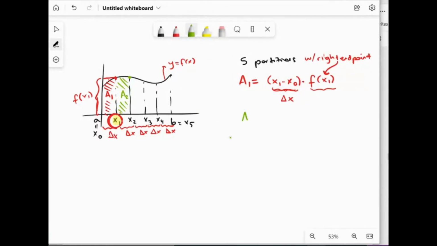Well, if you want to write this for the second subrectangle, what is the area for the second rectangle? Well, the width is the same, delta x. Let me just write it openly. So in the second area, the x distance changes from x1 to x2.